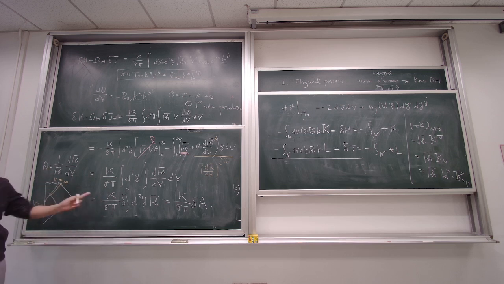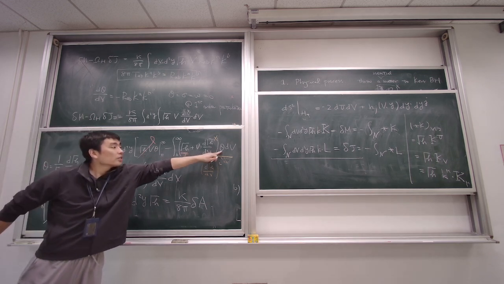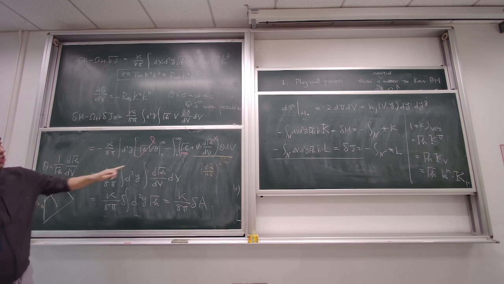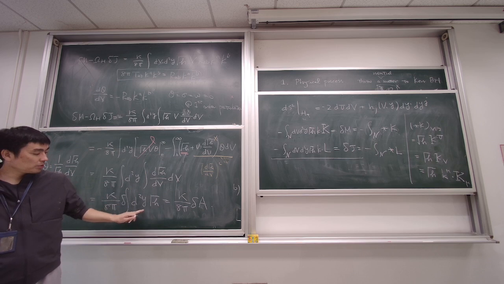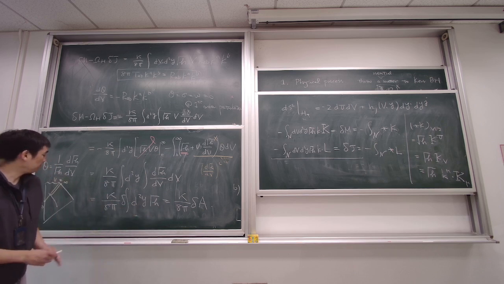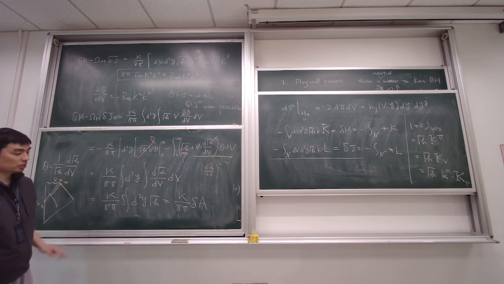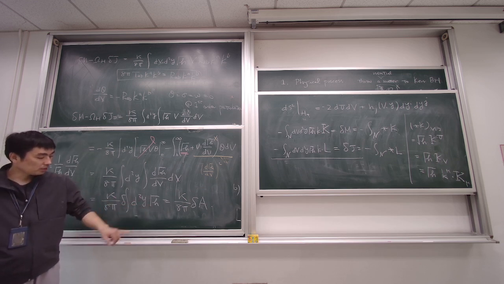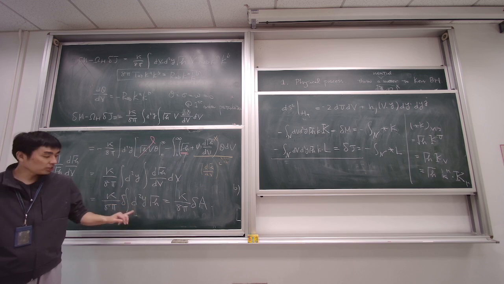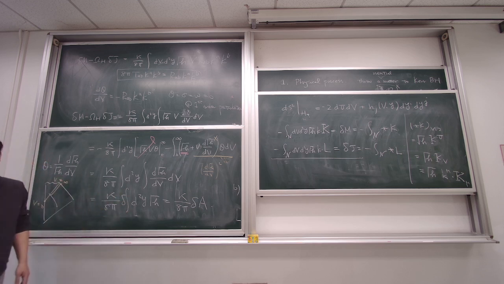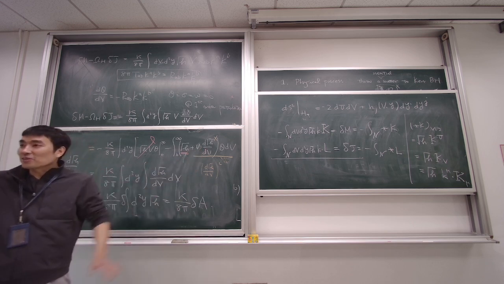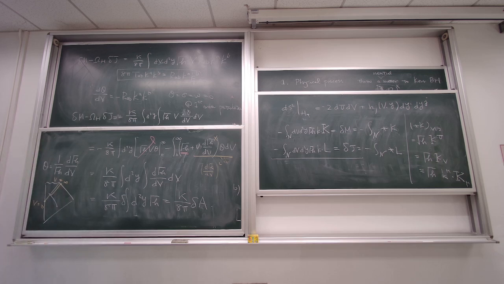You plug this into here, and then 1 over square root h cancels this one, and if you integrate over this one, this will give you how the area will change. So d squared y times square root h will give you area, but it's delta A, and so this is a derivation of the first law. Okay, let's take a break. I will think about why we can ignore this part during the break.